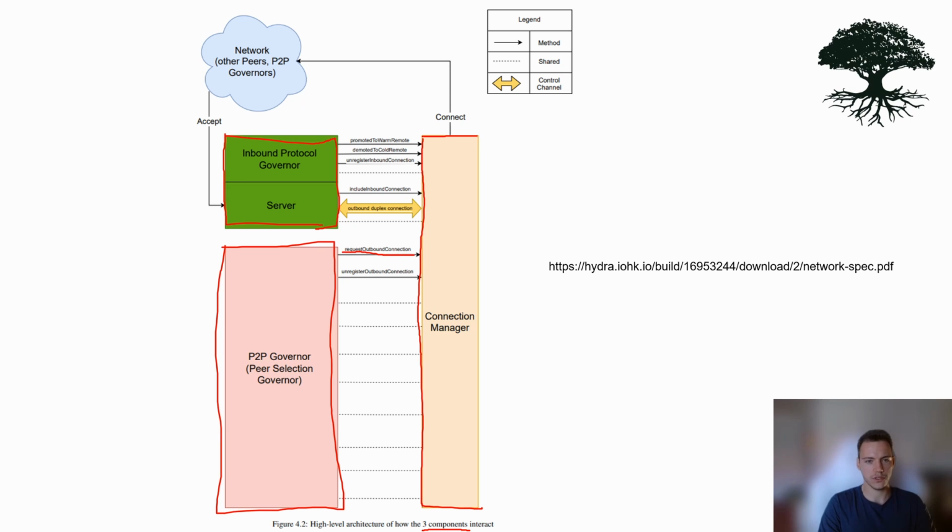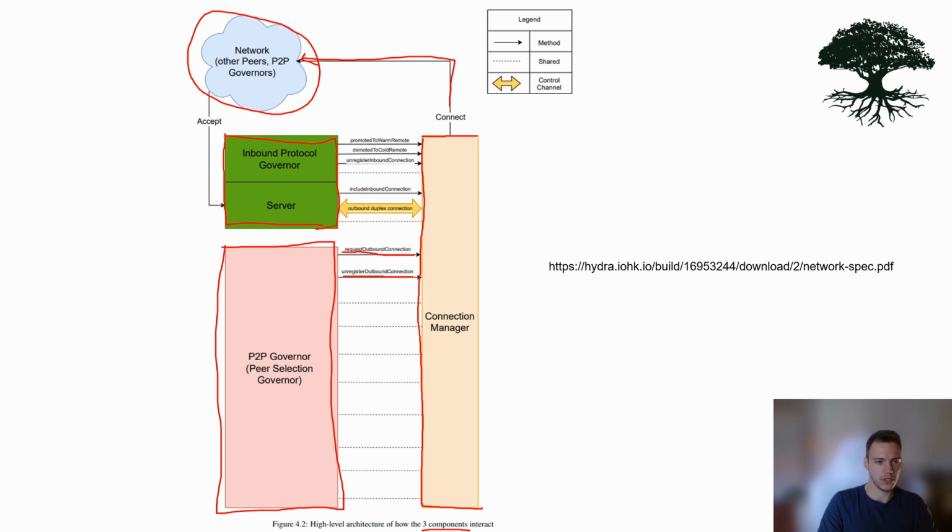It sends that request to the connection manager, and then the connection manager is the one that actually does the connection going to, so this illustrates the rest of the network, basically other nodes. So the connection manager goes and actually attempts to do this connection requested by the peer-to-peer governor. The same thing happens if the peer-to-peer governor decides to unregister an outbound connection. So to terminate the connection, then again it passes this request to the connection manager, and the connection manager as the low-level component takes care of that.